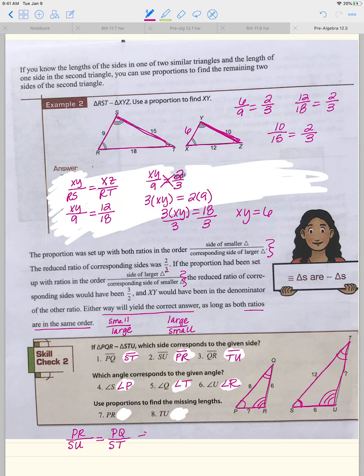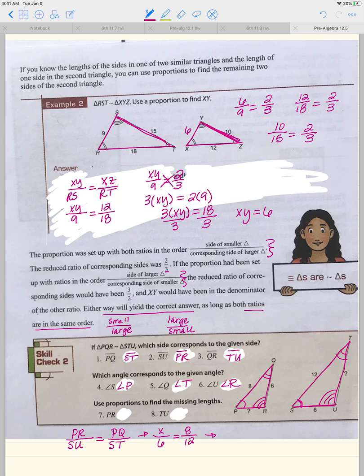Fill in what we do know. PR is what we don't know. I'm just going to call that X. X over SU, which is 6, is equal to PQ, which is 8, over ST, which is 12.